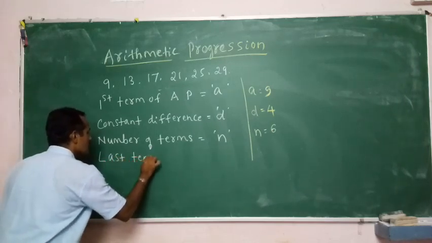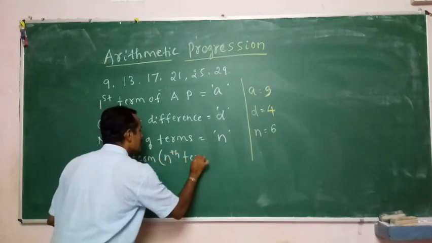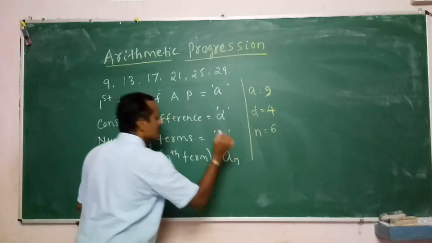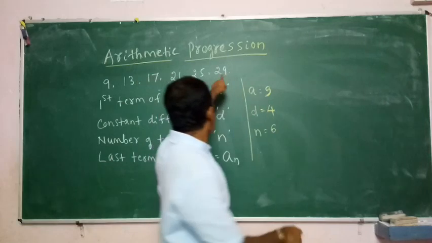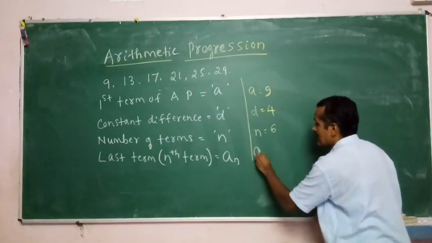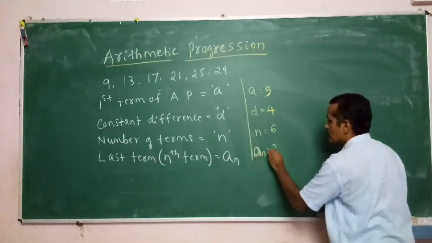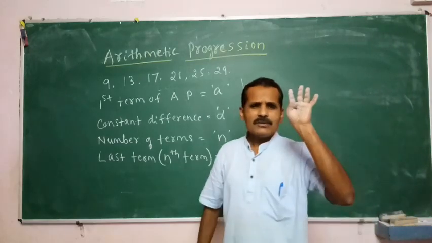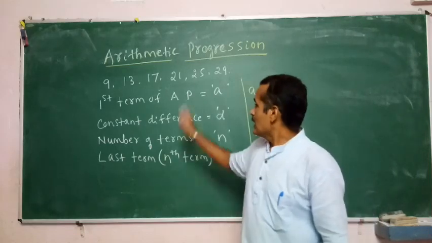The last term, which is also called the nth term, is denoted by an. The last term in the given AP. In our case, the last term is 29. I can say an is equal to 29.